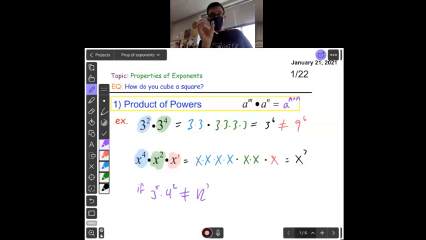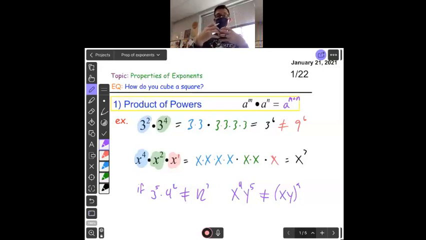Because those are different numbers, since those are bases, the 3 and the 4 are different, we can't combine them. We can't do anything like that. The same way, like x to the 4th, y to the 5th doesn't equal like xy to the 9th or something like that. Like those things don't mix.